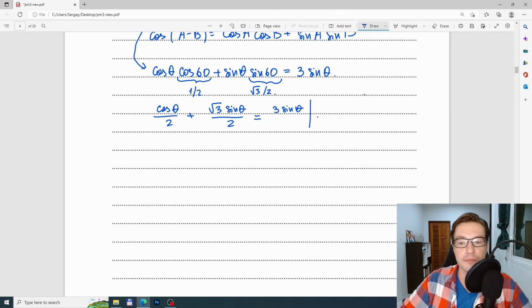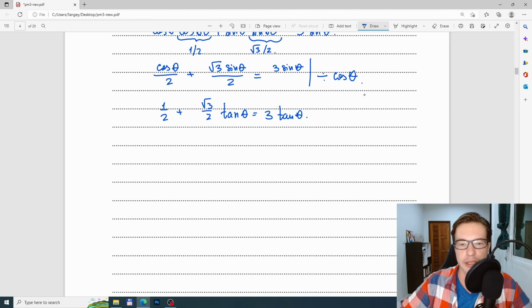So what I can do is divide both sides by sine theta, or even better by cosine theta, so I can get tangent. And I will get 1 over 2 plus square root of 3 over 2 tangent theta equals 3 tan theta.